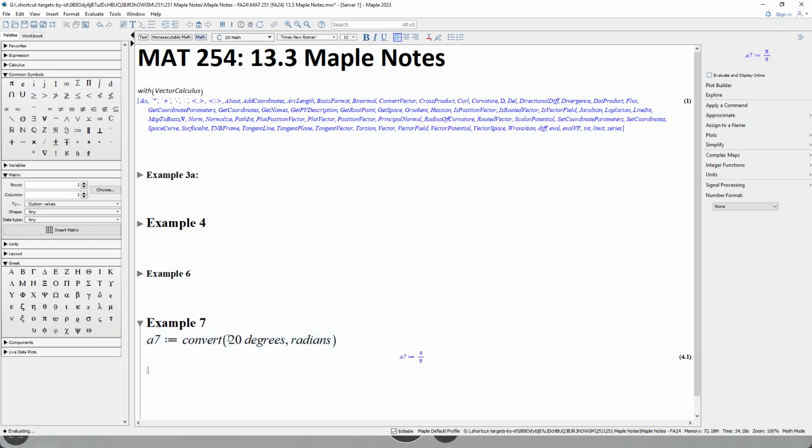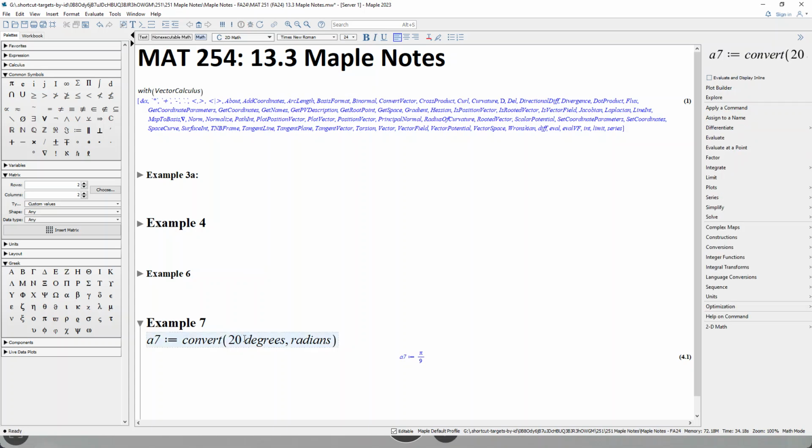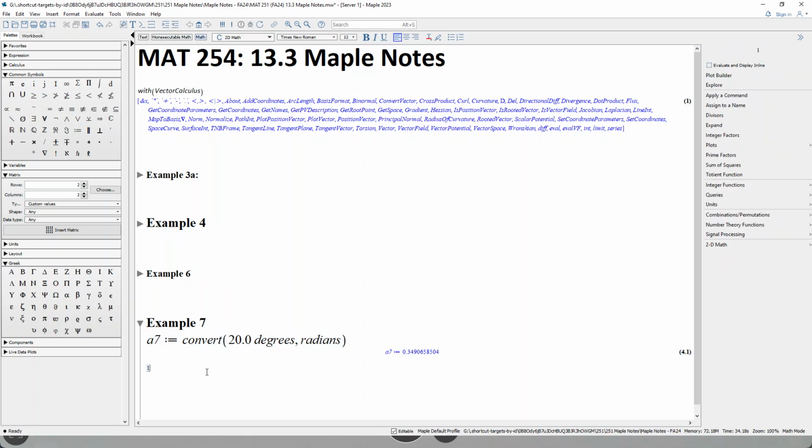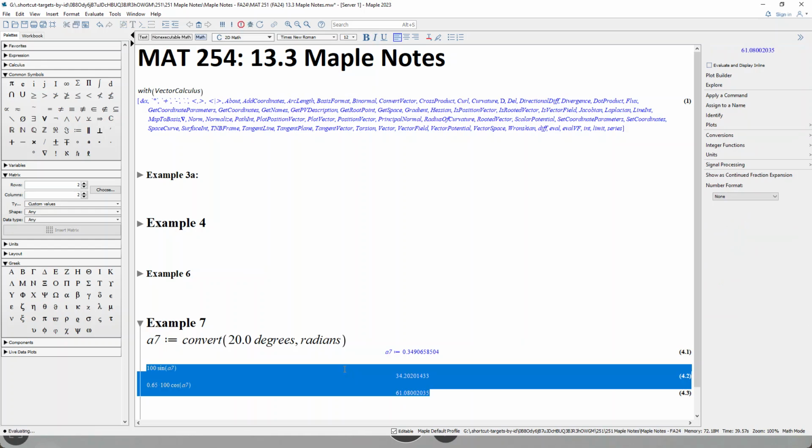Now I have that angle done. I don't really want the pi part, I want a decimal, so I'm going to put a decimal in right now, and that way it knows I want a decimal. Now what I want is 100 sine of A7, and then 0.65 times 100 cosine of A7. And there we have our two values.